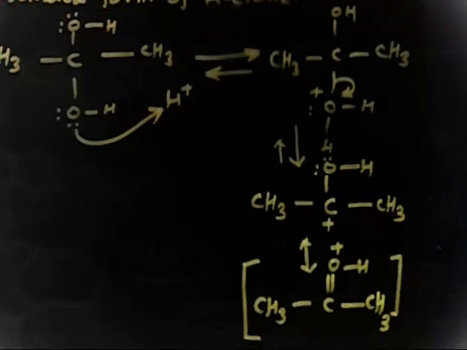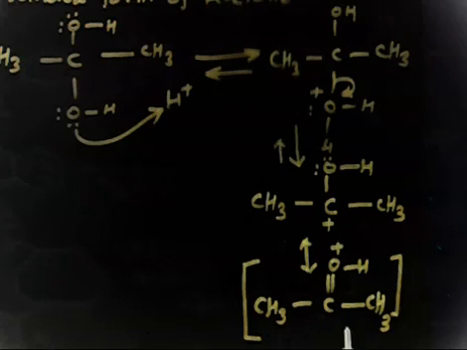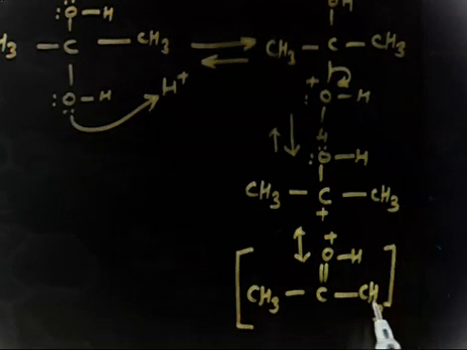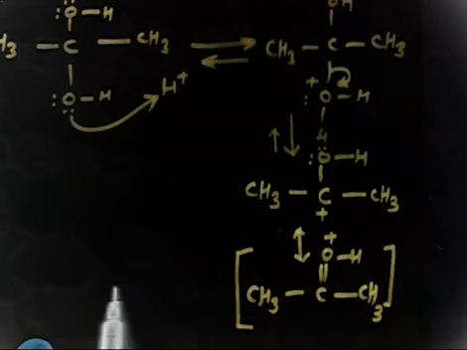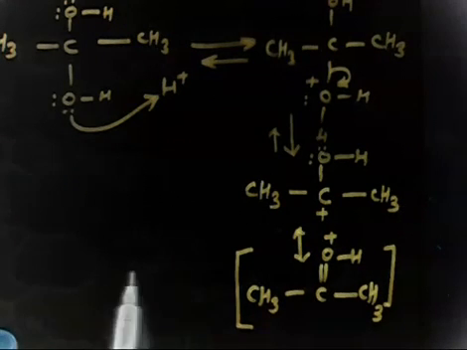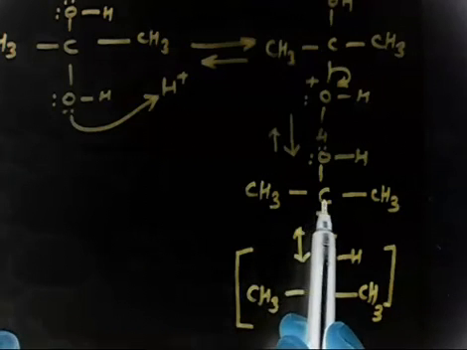Now you can use either this resonating structure or that one. If you use this one, in the next step you can lose H plus. Let us take this resonating structure; you can take the other one also, no problem.